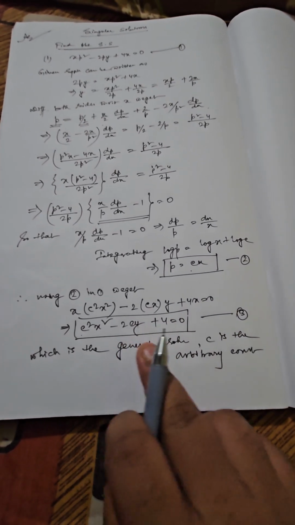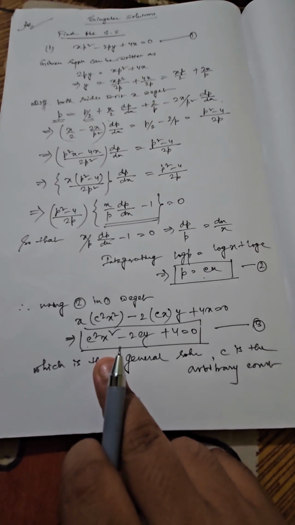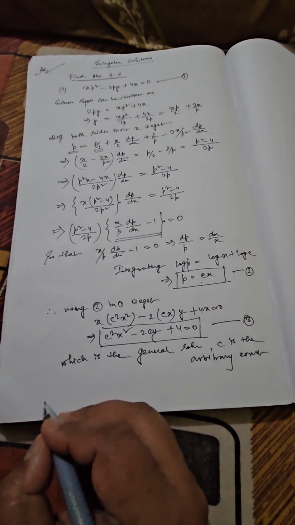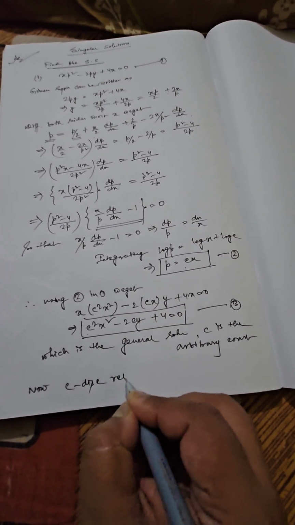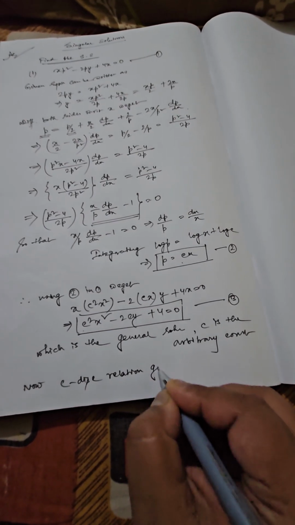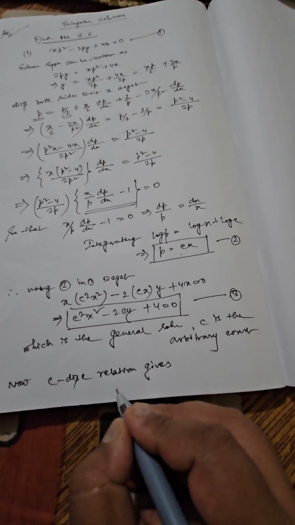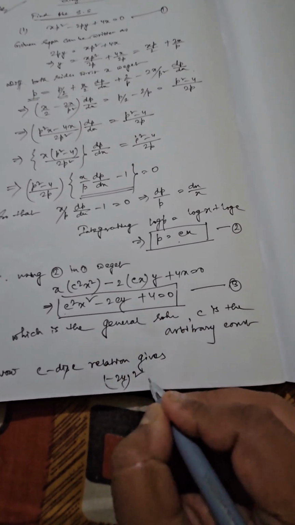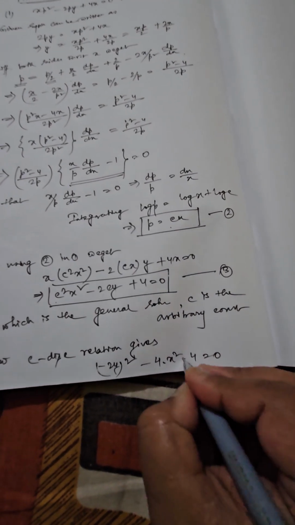Now from here you can easily find the c discriminant relation, because this is a quadratic in c. In order to find the c discriminant, simply use the technique b square minus 4ac. So the c discriminant relation gives b square minus 4ac, that is minus 2y whole square minus 4 into x square into 4, equal to 0.